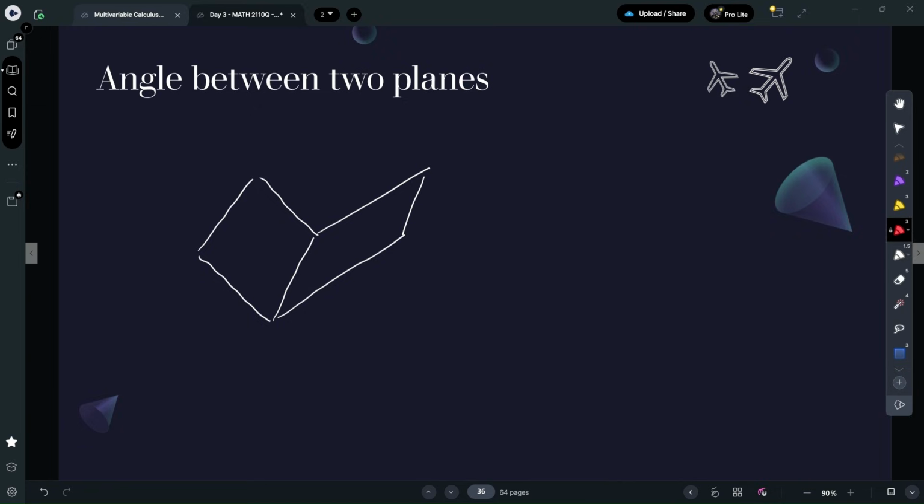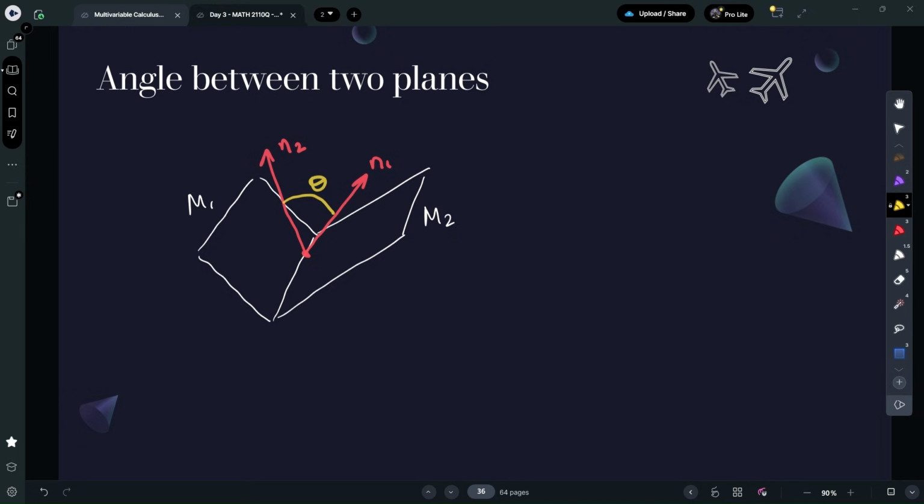What we're going to do is, I have some normal vector here for one plane, and some other normal vector for the other plane. So this is the plane, say, M1, M2. M2 has normal vector N2, M1 has normal vector N1. And what I'm going to do is just measure the angle between the normal vectors.